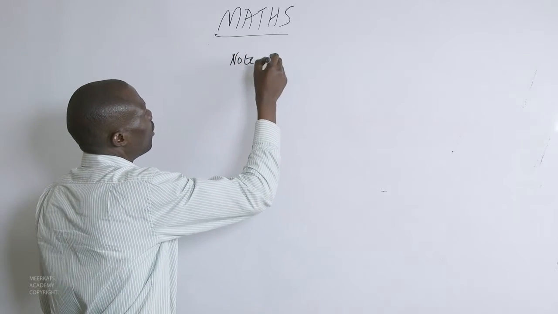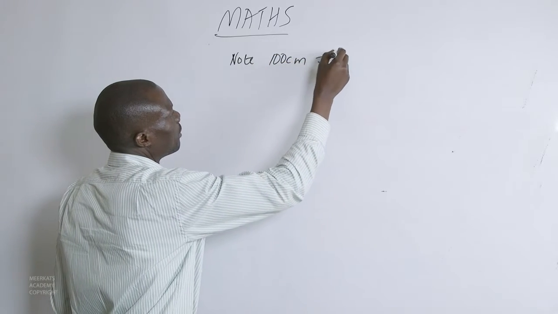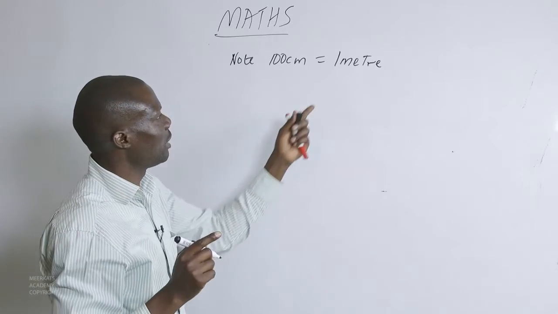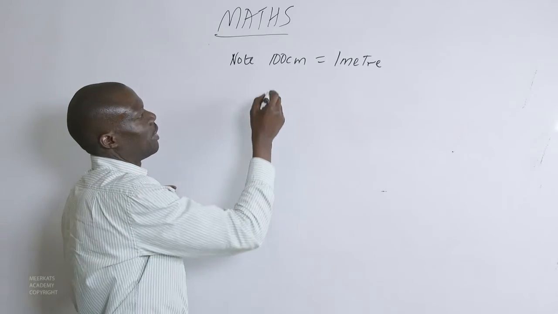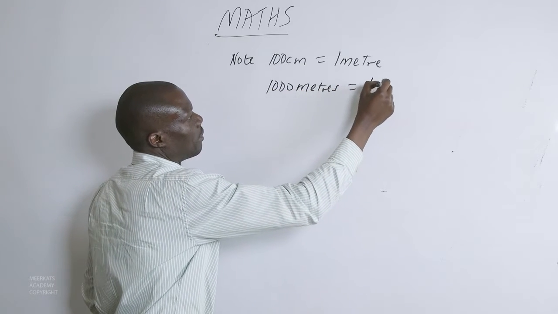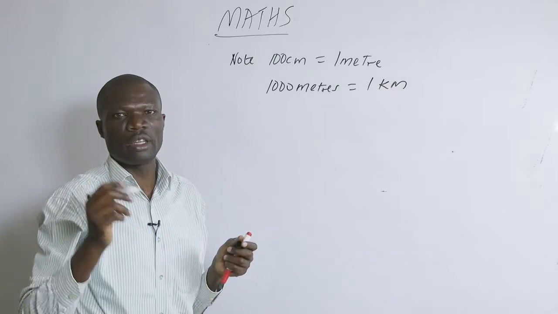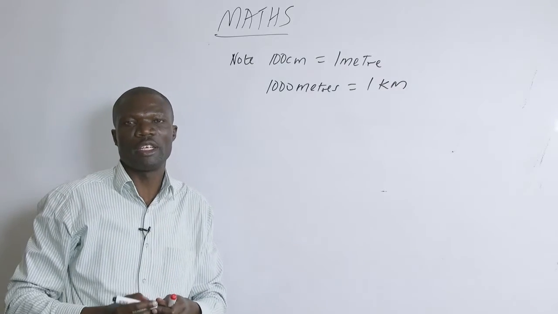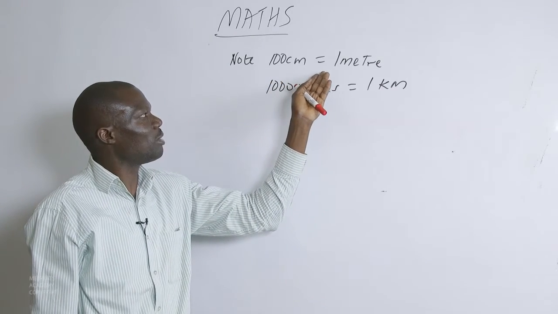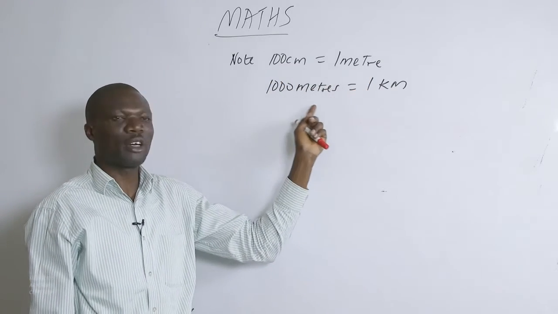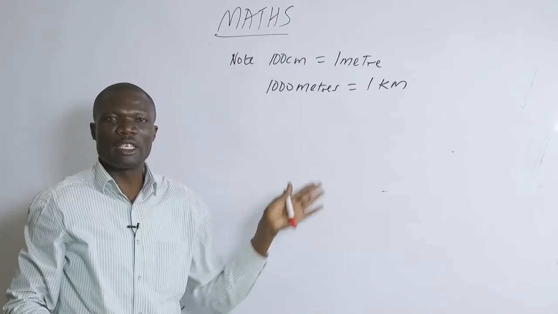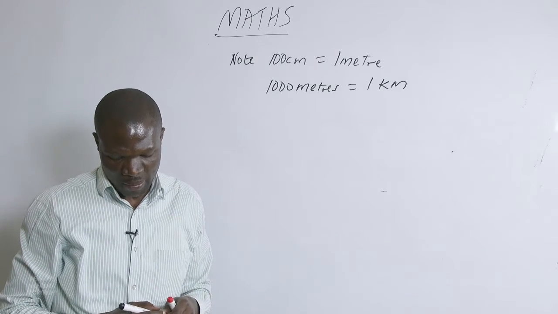What we should note: 100 centimeters is equivalent to 1 meter, and 1,000 meters is equivalent to 1 kilometer. 100 centimeters is 1 meter, and 1,000 meters is 1 kilometer. Now, let us look at the question, putting in mind the knowledge that we have above.